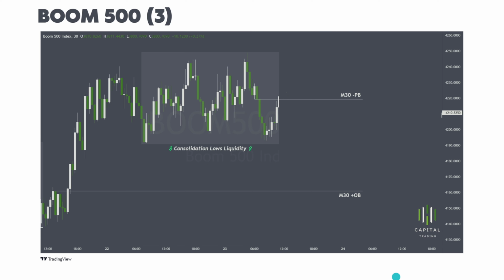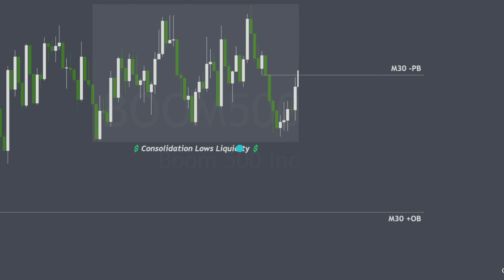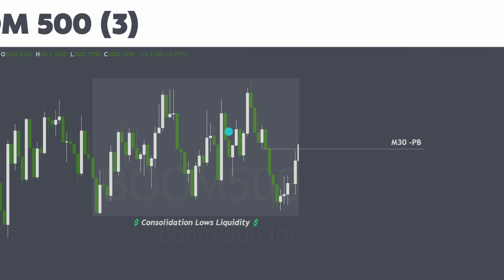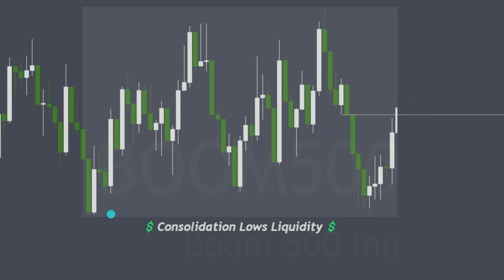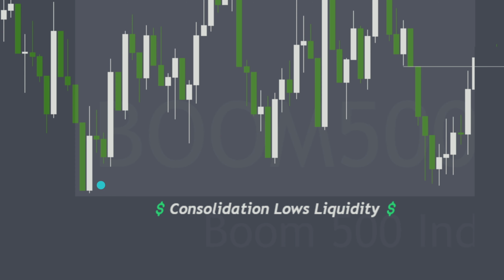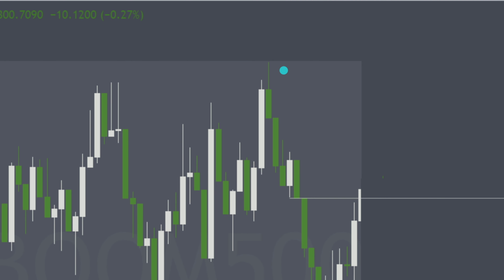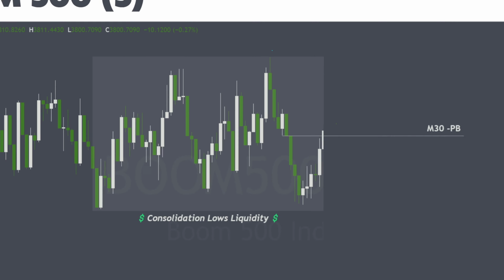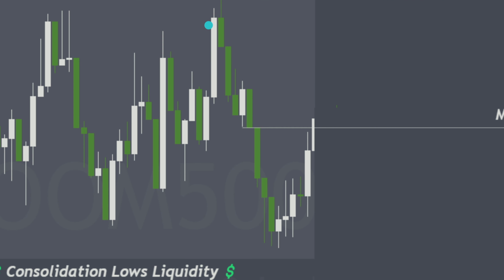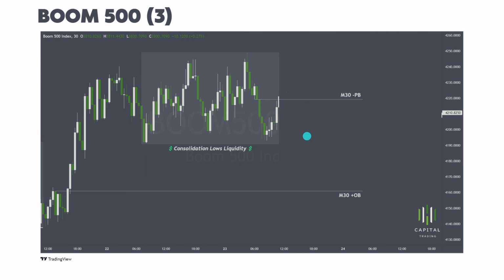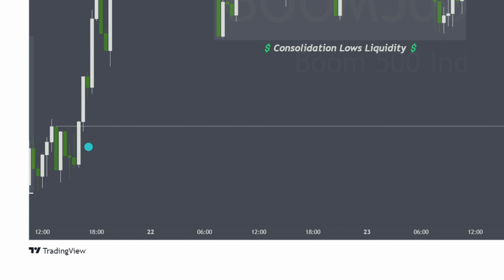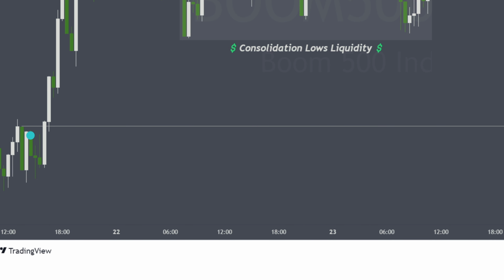For the Boom 500, we had them consolidating here for a long time. Consolidation high, range high, low, and then consolidation range high. Also, we had this propulsion block, right? Similar example to the one we looked at before. So we also have a bullish order block here on the downside.